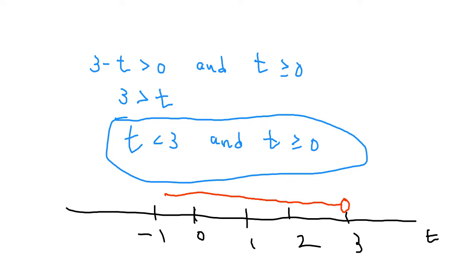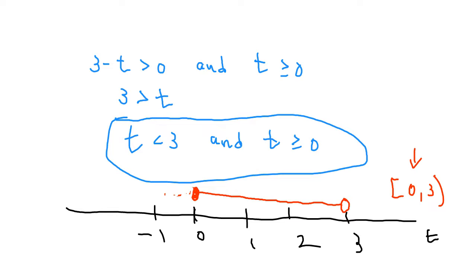But then t is greater than or equal to 0. So it stops there. So this is your domain for t. Well, the domain for the vector r is this interval.